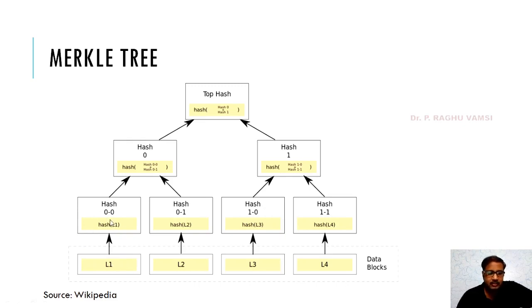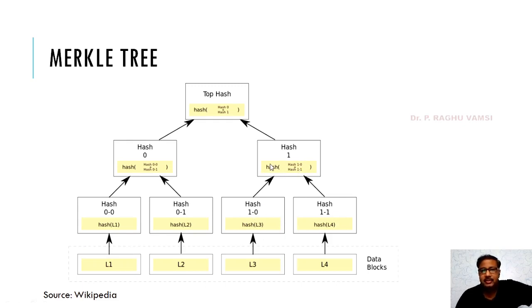Now the hash of L1 and hash of L2 will be combined to make its root. In the same way, hash of L3 and hash of L4 will be attached to its root by hashing hash of L3 plus hash of L4. That is hash of 1 0 and hash of 1 1.